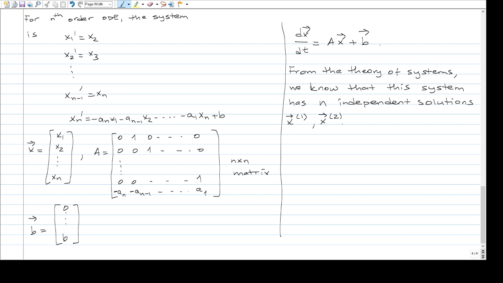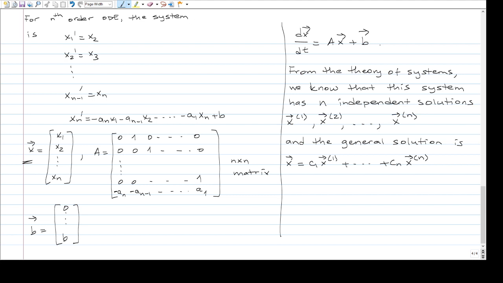I'm talking about the system, so the solutions are vectors. Remember, in our system, the unknown is a vector function x, so all solutions are vector functions. We have n independent solutions, and the general solution we write as C1 times x1 plus C2 times x2 up to Cn times xn.